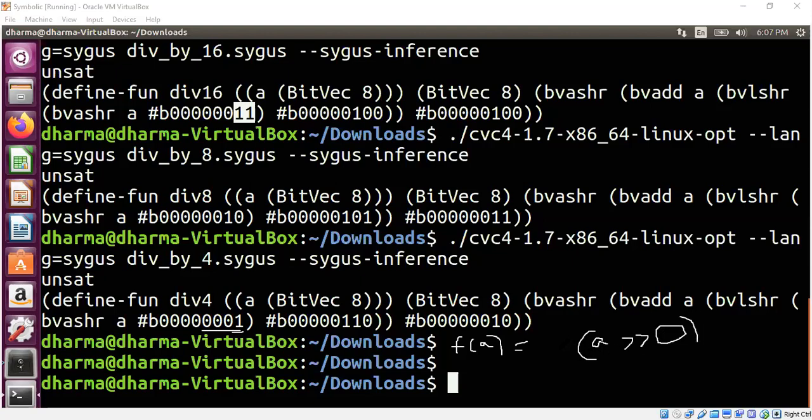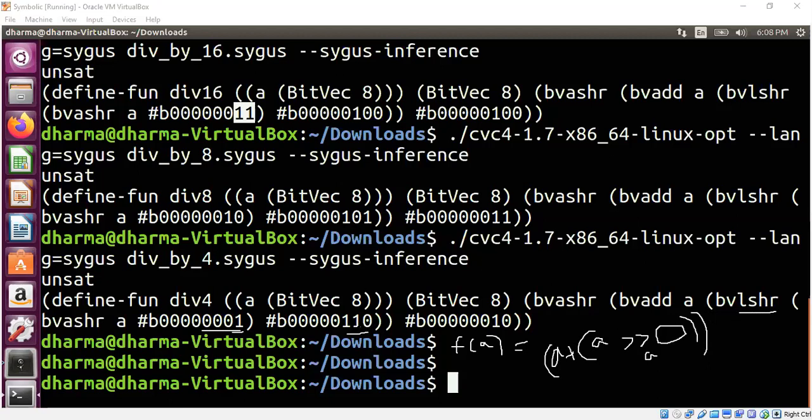And then we do a shift right. This is arithmetic, by the way. We add this, and then we do a logical shift right of this expression by another constant. This constant also differs based on the k size.